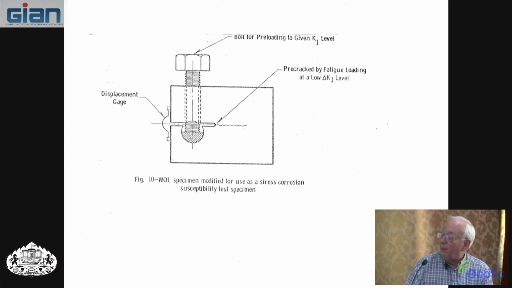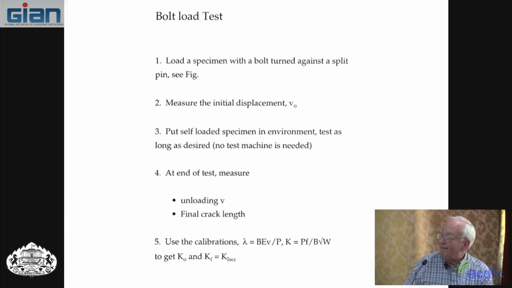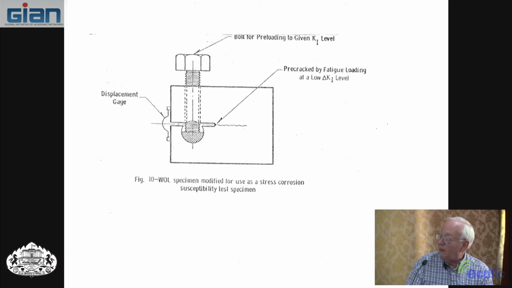If you try to break them open at room temperature, sometimes you get a lot of deformation and yielding that distorts the features of the thing. So you want to break it open without much happening. So then you have to break it open to get the final crack length and use these calibrations that we just played with to get the K. So that's the bolt load test.